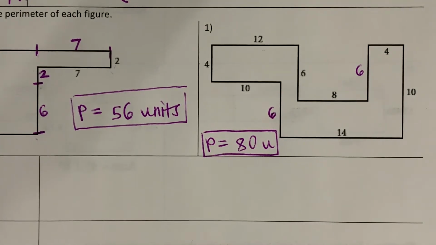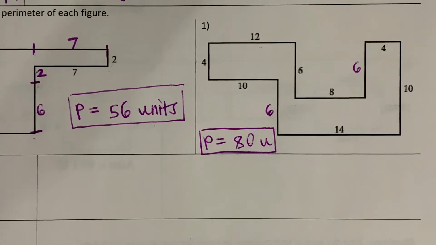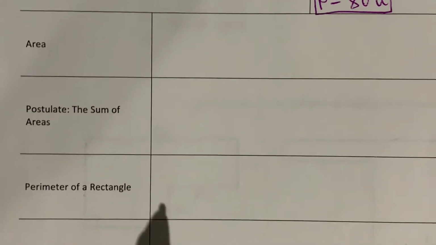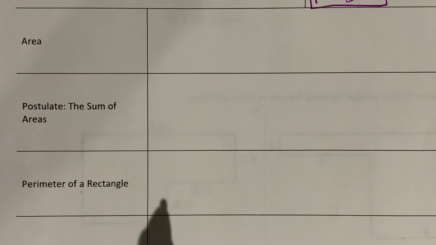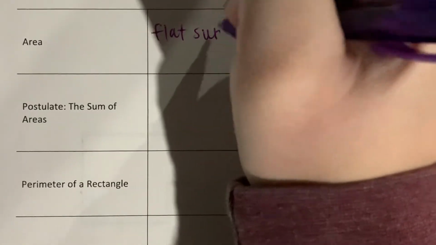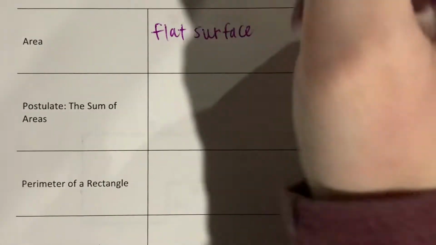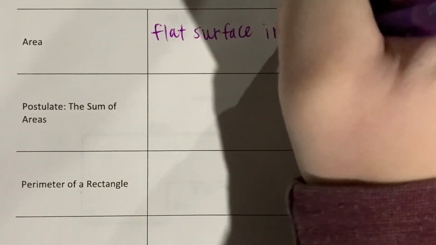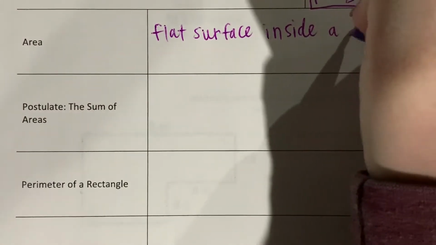Now that we've explored a little bit about perimeter, let's talk about area in a general sense. So area of a figure is no longer looking at the distance around the figure. Now we're looking at the flat surface inside a figure.